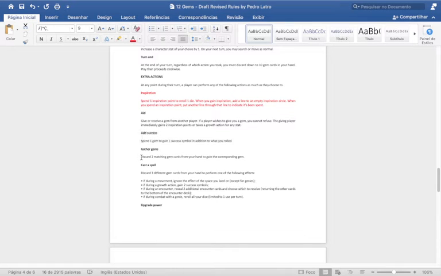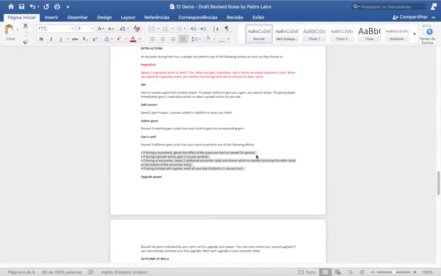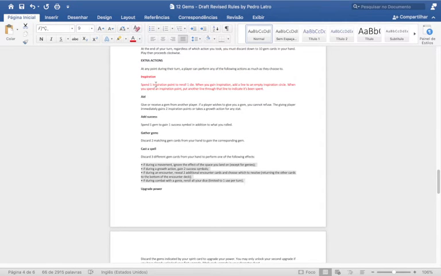And right now, you have discarding two matching gems to gain a gem, and you have discarding three different gems to do various effects. Well, only by removing inspiration, I think that it is good enough. The game can be tested that way.